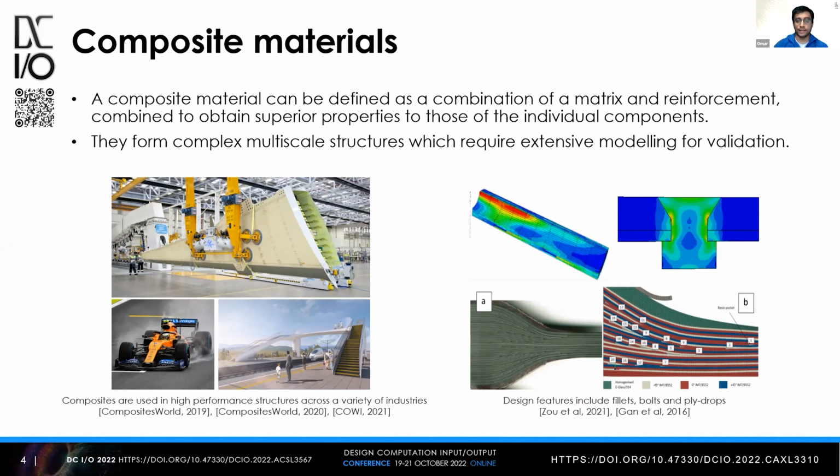And when you're designing these, they might have multiple design features, such as fillets, such as fastenings, such as bolts, or ply drops, where you terminate ply regions. And to give you a bit more understanding of how composite materials are made, normally it's a layup of different ply angles stacked on top of each other to develop a laminate whose properties depend on the sequence of ply angles.